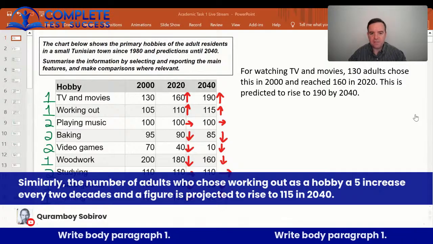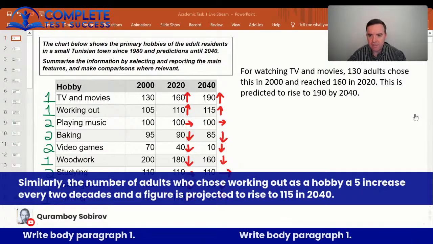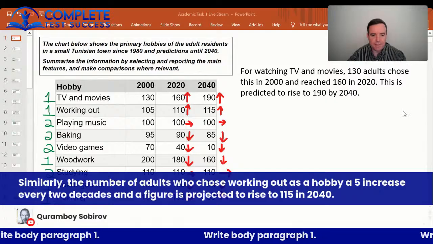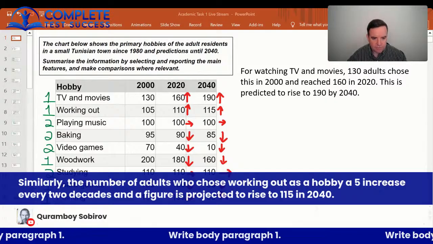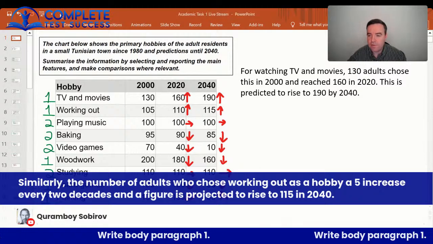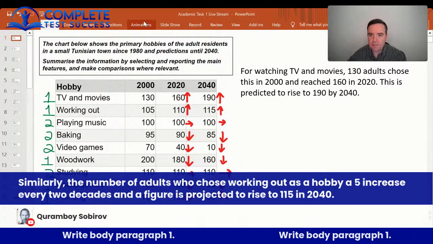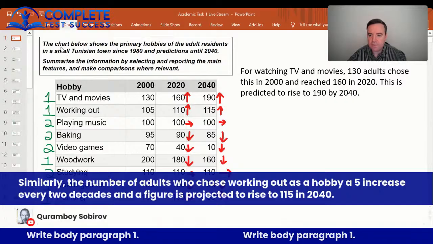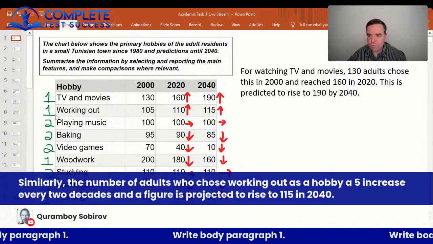Oh, okay, so it had an increase of 5 every 2 decades. You see, I don't like these types of descriptions, because you're creating a math problem for the reader that really slows down their ability to just read that and move on.